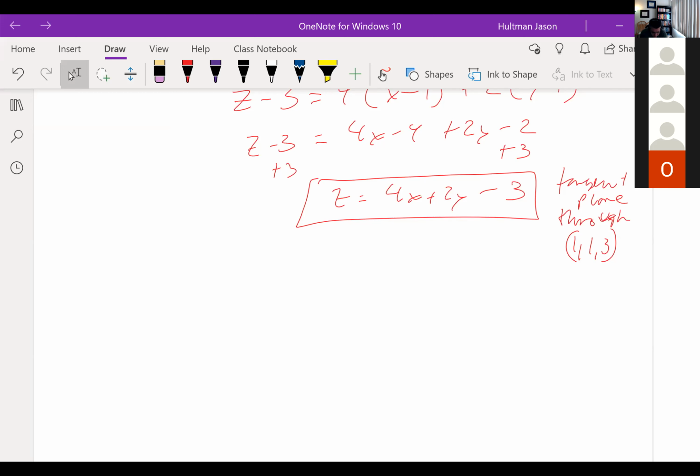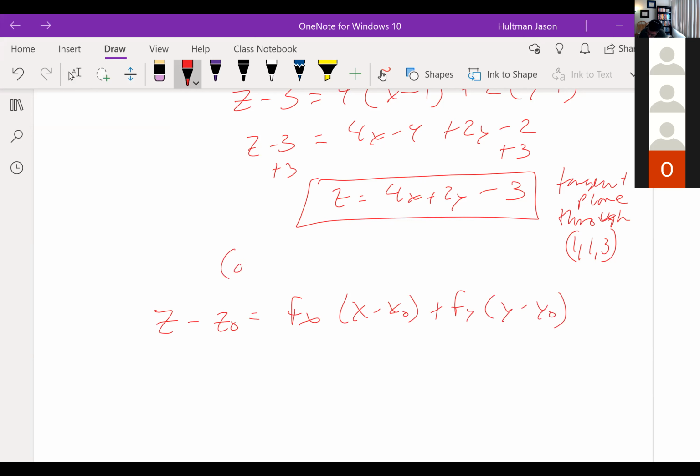If I rewrite this, if I say that z minus z naught is equal to f sub x of x minus x naught plus f sub y of y minus y naught, and I let z naught be f of a, b. It's basically the point a, b.